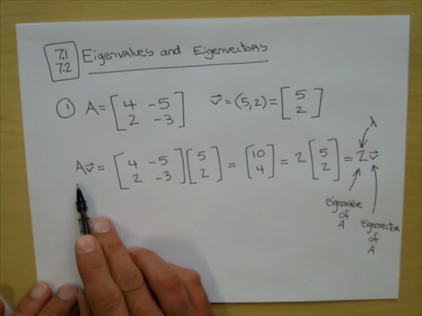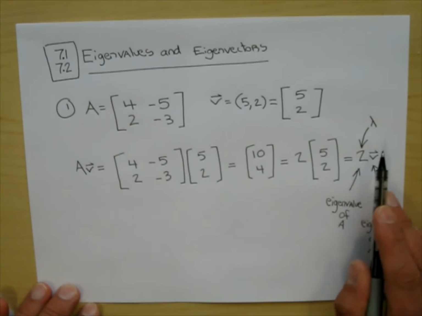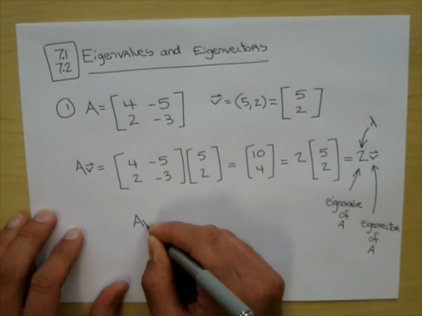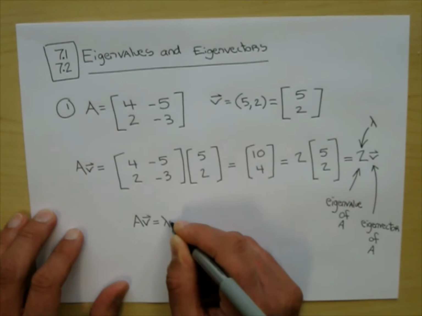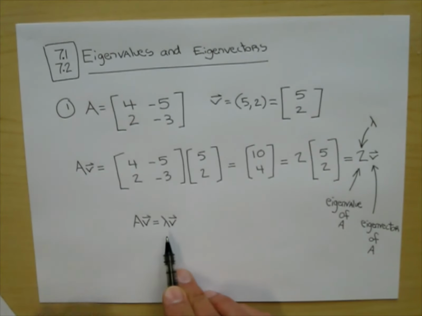So we have AV equals lambda V. And of course we know what A is, and we know what V is, and we know what lambda is. But we might not always know what the eigenvalues and eigenvectors of a matrix are.